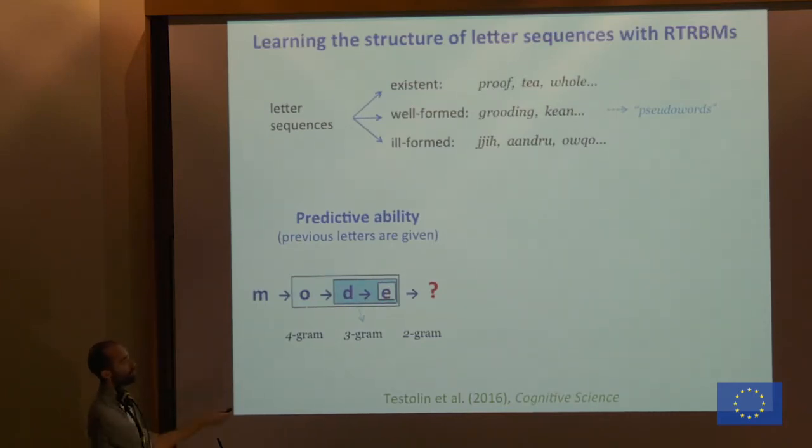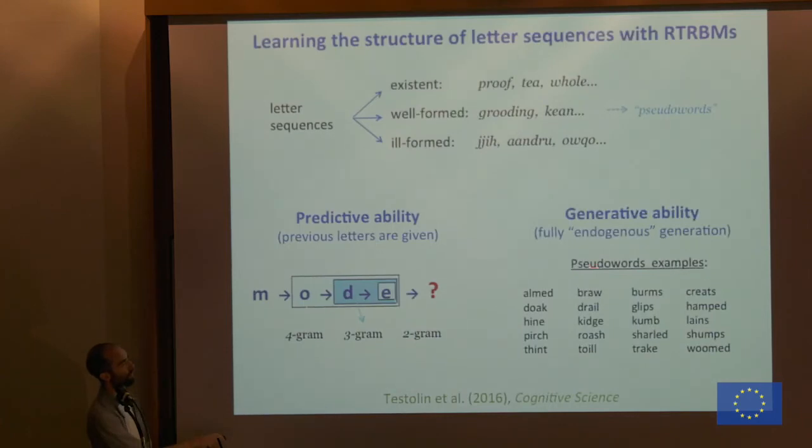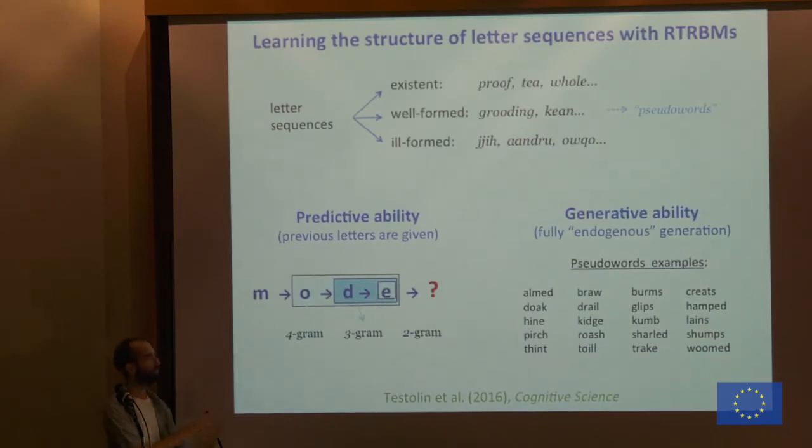Okay. But also, I can sample from the model. So the model was able to generate a lot of good-looking pseudo-words. None of these are English words. Armed, dog, hind, perch, tint, brow. But I can pronounce them because they are following the English phonotactic structure. Okay.